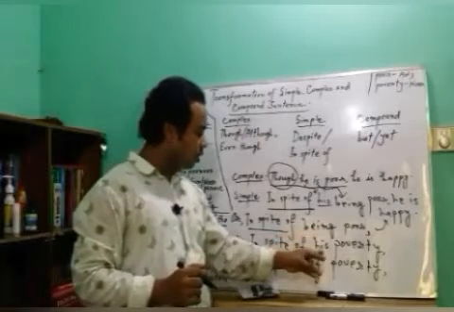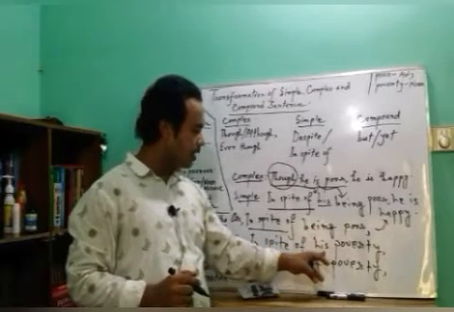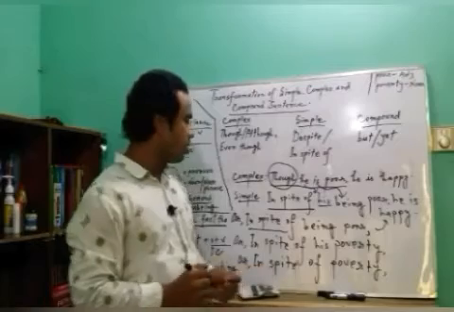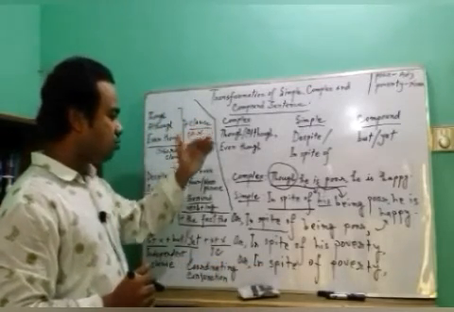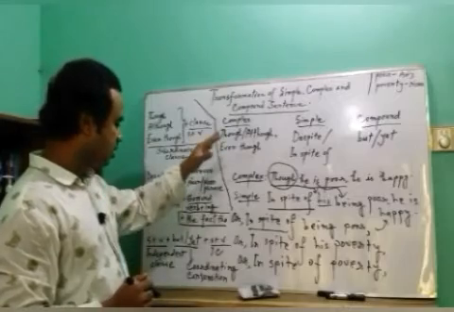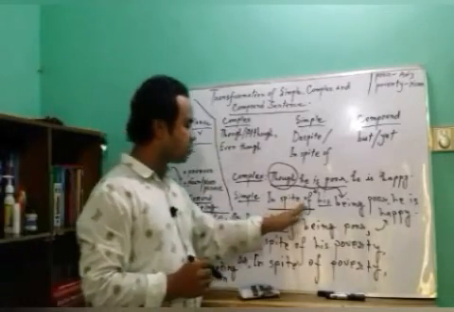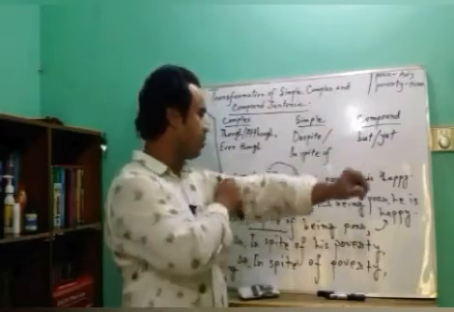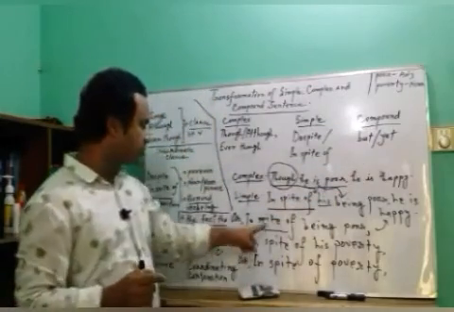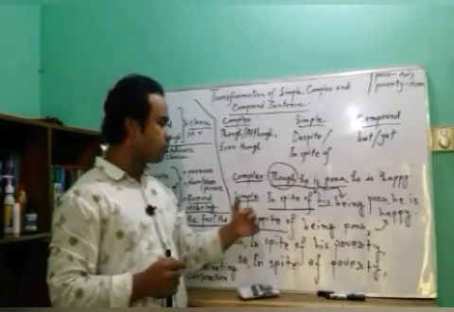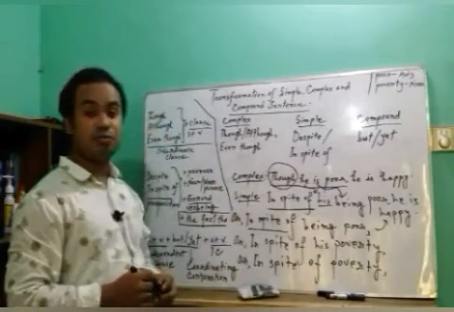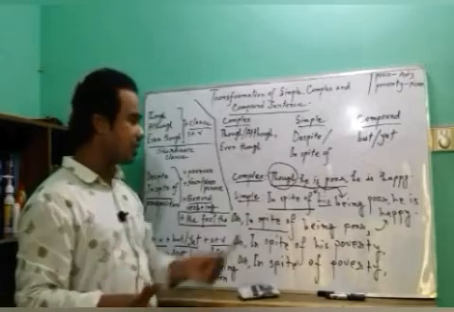We have omitted the possessive adjective here. Okay, let's revise once the four options. In spite of his being poor, he is happy. Then you can write in spite of being poor, he is happy. In spite of his poverty, he is happy. Or in spite of poverty, he is happy.